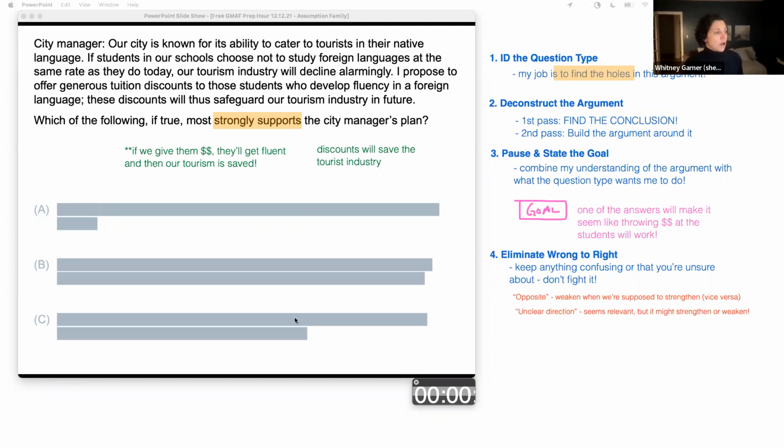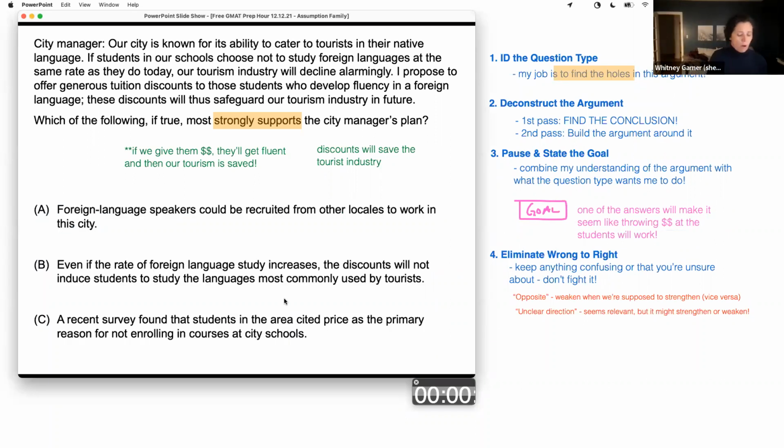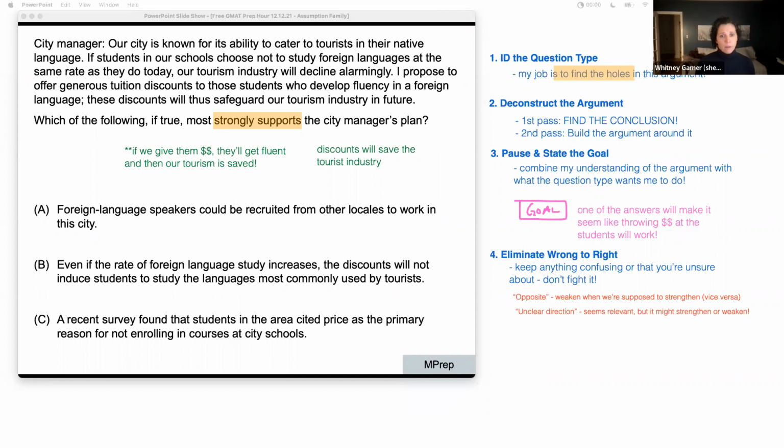Great. So let's go through the answer choices. I'll give you all three of them. We'll take about a minute and you send me your answer privately. Which one do you think most makes us think that throwing money at the students is going to work?